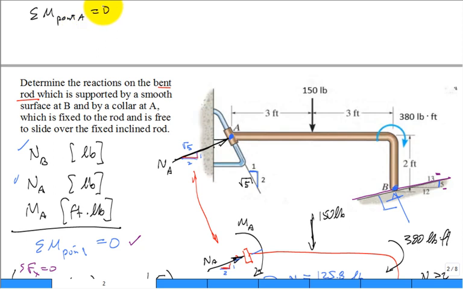I know this notation can be a little confusing. This is an equation. I'm writing the sum of the moments about point A, and one of the first things I have to write is the moment reaction at A. And if you like, you could put an arrow like this and say it's clockwise. That's the direction it wants to rotate. I'm going to worry about my plus and minus.